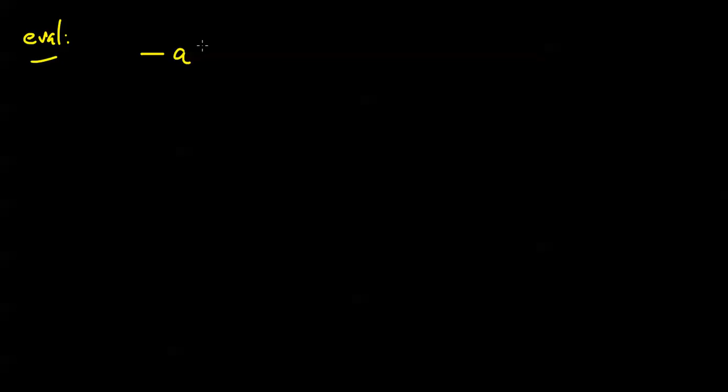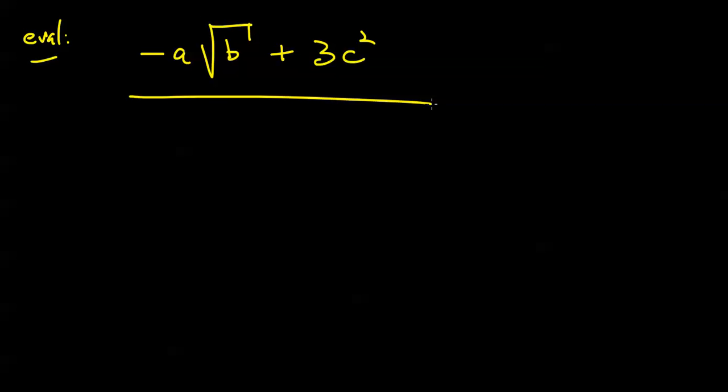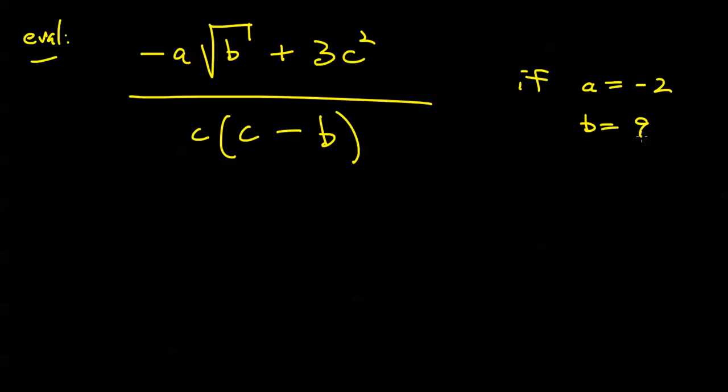This one's a little tougher. Minus a root b plus 3c squared divided by c times c minus b if a equals minus 2, b equals 9, and c equals minus 1.